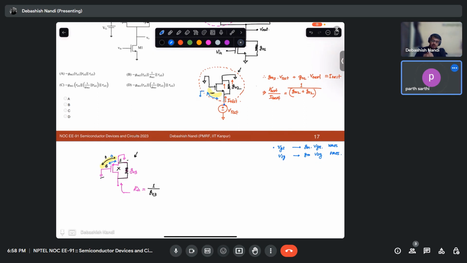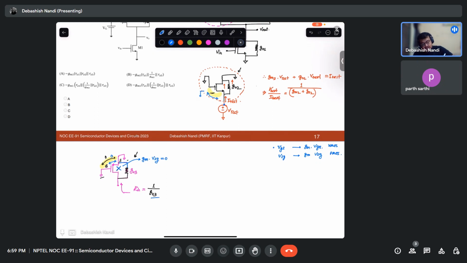So this is only GO3, because this current would be gm·VSG, which is 0. Current 0 means what? Open circuit. So if it is open, then it would be only GO3.